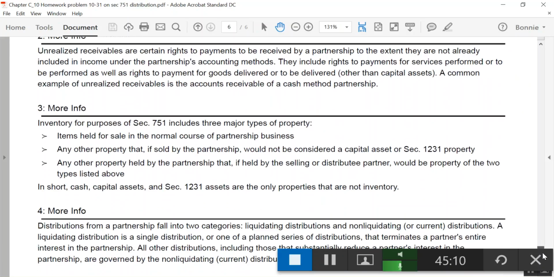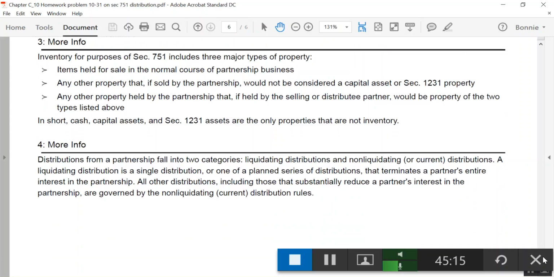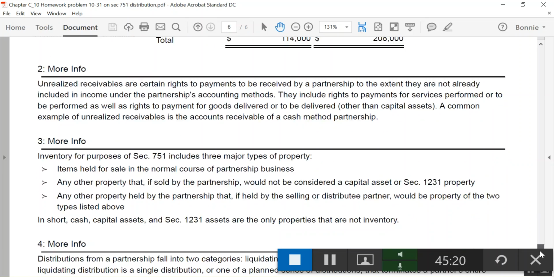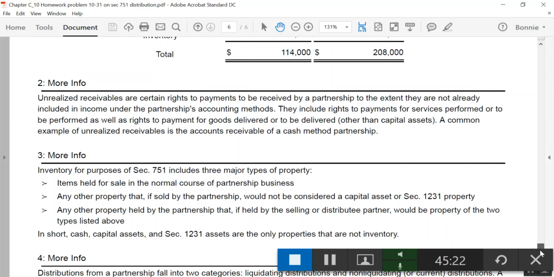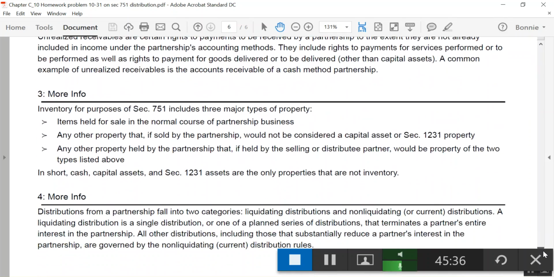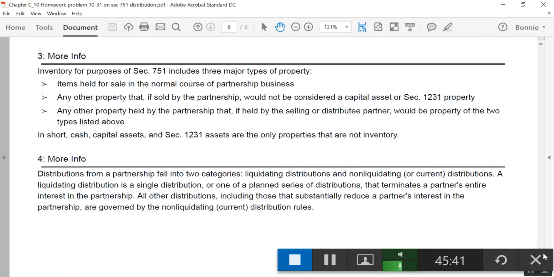Now, here's some more information that it gives you at the bottom here. These are footnotes about the definition of unrealized receivables. It also talks about the three major types of inventory that are deemed to be 751 assets.